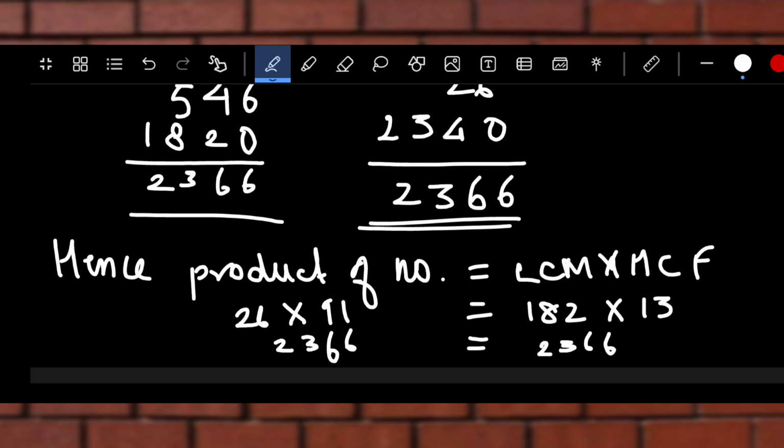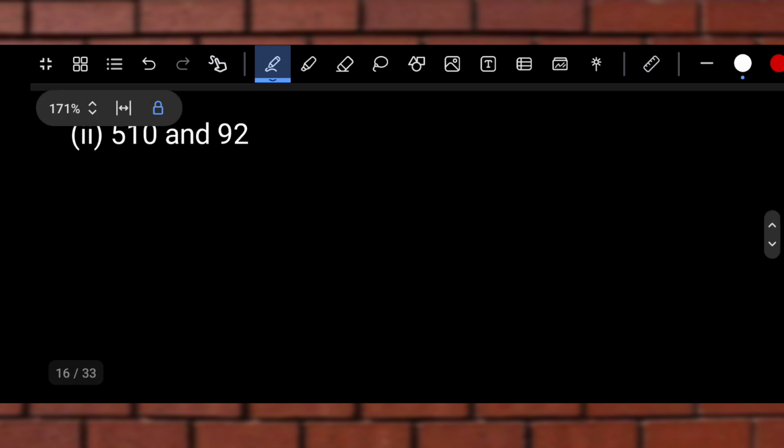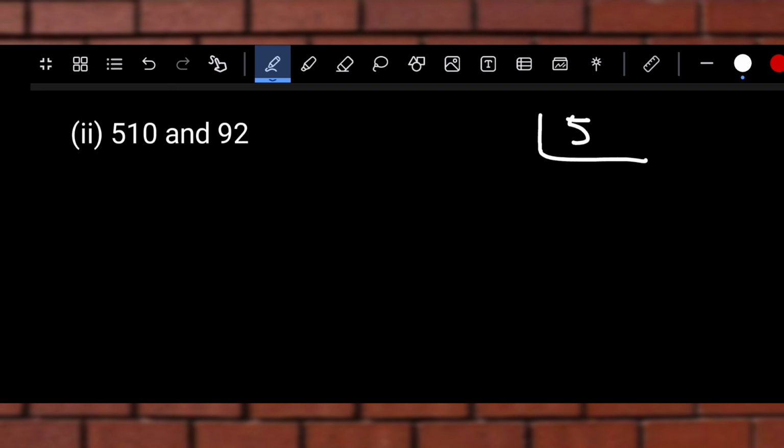Let's go to the second subdivision of this question, where we have the numbers 510 and 92. So the prime factorization of 510. 510 is an even number, divisible by 2. I'll get 255. This number is not divisible by 2. I'll check whether it is divisible by 3. Adding the digits, 5 plus 5, 10, 10 plus 2, 12. 12 is divisible by 3.